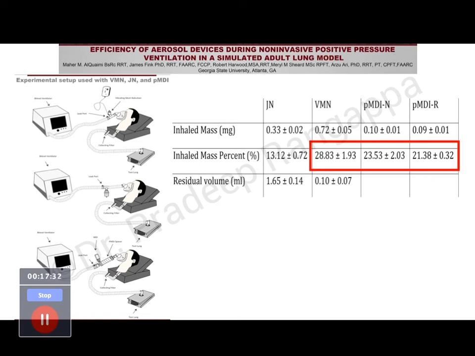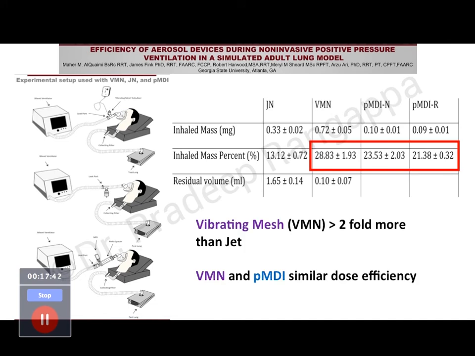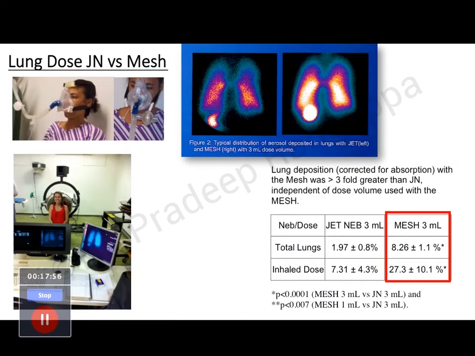In high frequency nasal cannula, the position was very close, because they used that mask and gave it through that. I think this was the science that we could see from all the studies. Even in NIV, they found the vibrating mesh nebulizer had more than twofold more deposition than the jet nebulizer, but the vibrating mesh nebulizer and metered dose inhaler had similar dose efficiency. This is what the authors concluded from this NIV study.